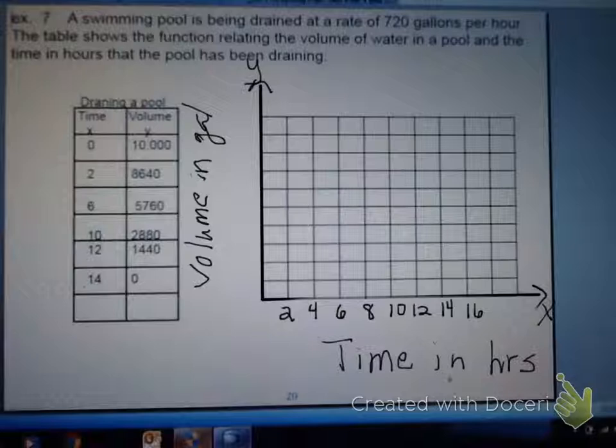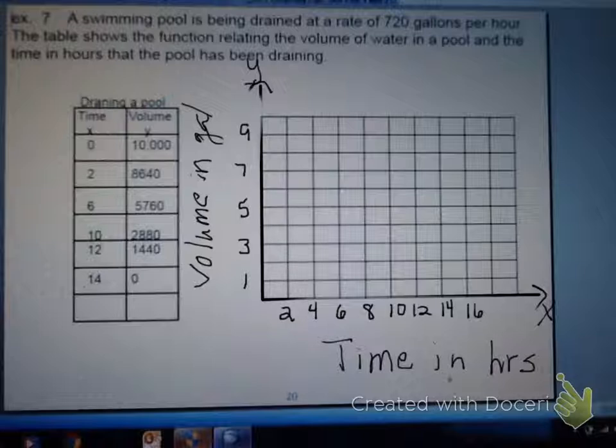So let's check this out. If I did 1, 2, 3, 4, 5, 6, 7, 8, 9, if I did by 1,000, so this is 1,000 gallons. And I'm going to count every other just so that it'll all fit: 3,000, 5, 7, and 9.